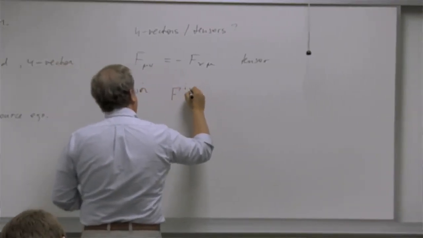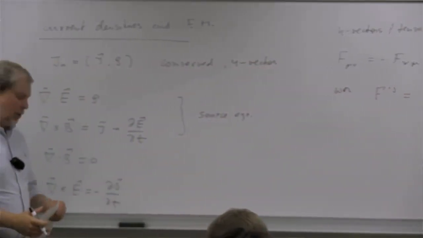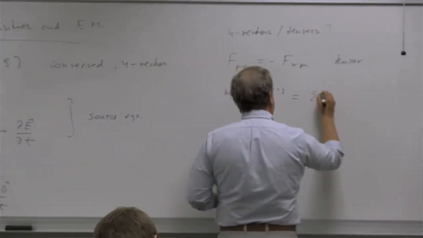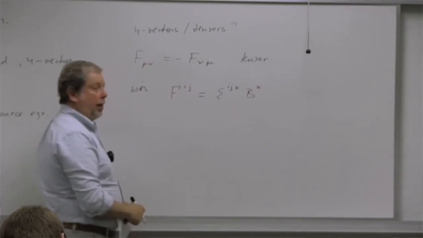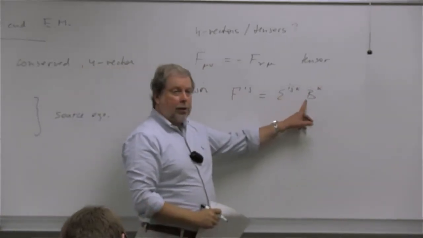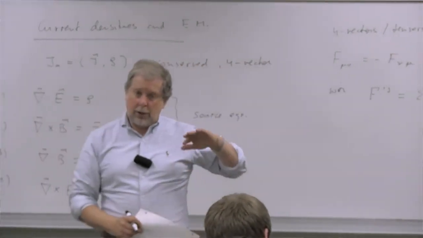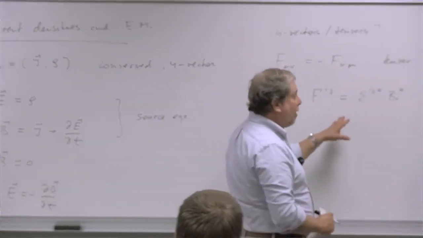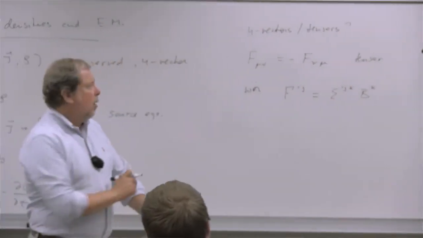First of all, the spatial part of this tensor, F_ij, is equal to epsilon_ijk B_k. By the way, when you have spatial indices, it doesn't matter whether you put them upstairs or downstairs because there is no distinction. It's the time that always causes these issues. So when you have indices i, j and k, you can put them anywhere you want. The result is the same.